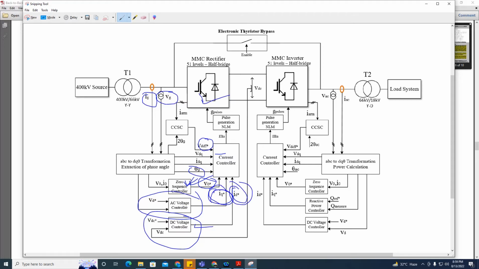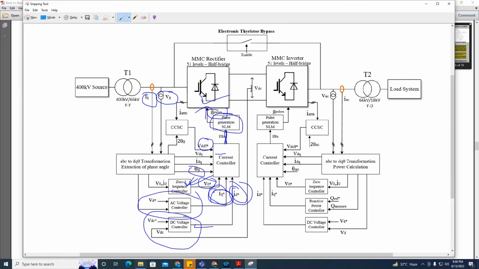The output quantities of the outer loop controller will be input to the inner current control, and this inner current control will give us two quantities, Vd and Vq, which will be transformed back to ABC reference, and then we will use a PWM technique here. NLM is used, from where gate pulses will be generated, which will be given to the rectifier station.